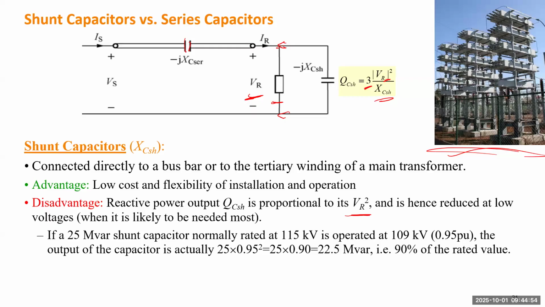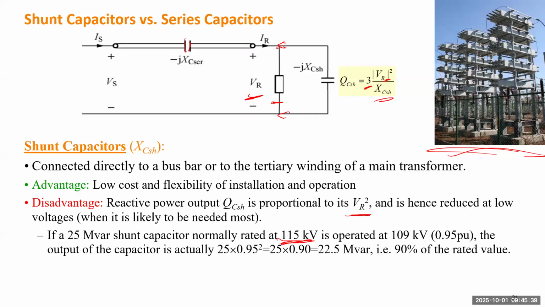If you need to install a capacitor bank, and based on your estimation you have a shortage of around 20 to 25 megavar of reactive power, you go to the manufacturer and find a shunt capacitor with a capacity of 25 megavar, which is good to meet your requirement. But they show you need to install this capacitor bank at 115 kV. If you operate at that voltage, you're going to get that 25 megavar of reactive power for sure. Then you install it there.